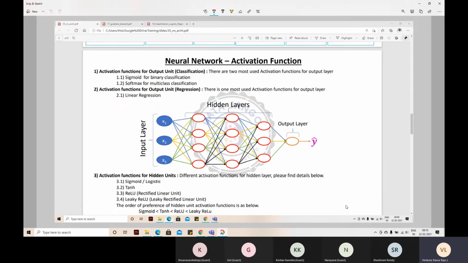Till that point, it would have contributed to the learning. But once it becomes 0, it will not be considered. So it will become zero for all the negative values. If it is giving a negative value or the 0 value, it will take 0 only. If it is greater than 0, then only it will take the value, the ReLU activation function.